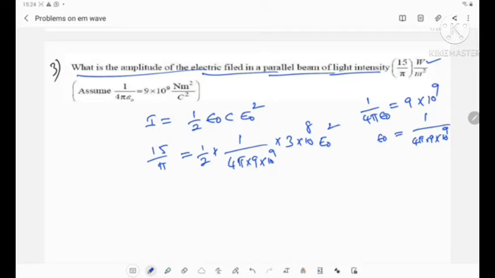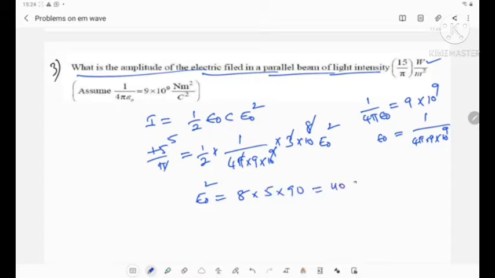From this, here pi cancels, 3 5 times E naught square is equal to, here 10 to the power of 8, 8 times cancel. Here is a 90. 4 into 8, 8 into 5 into 90.